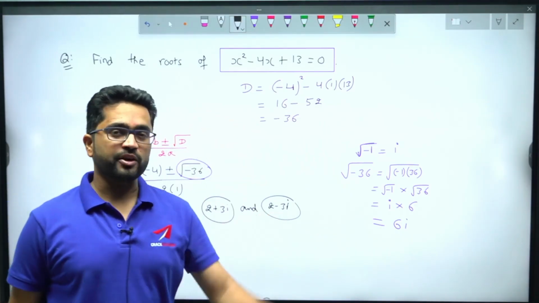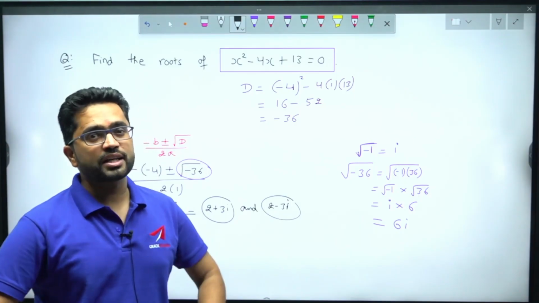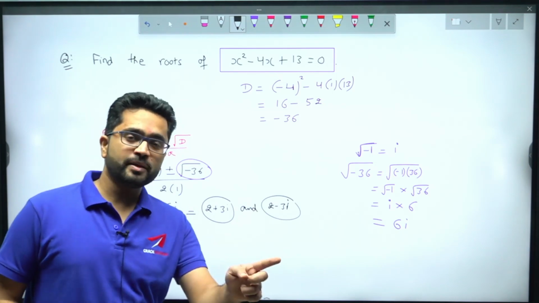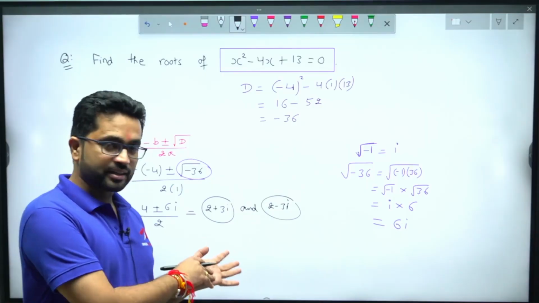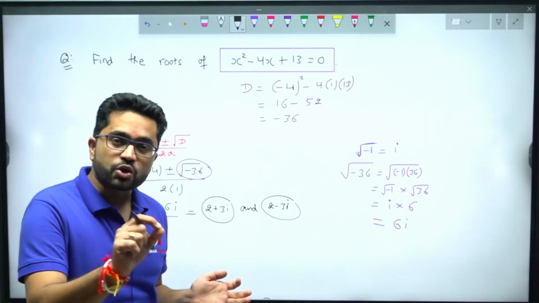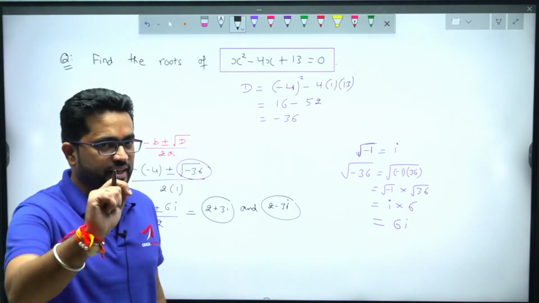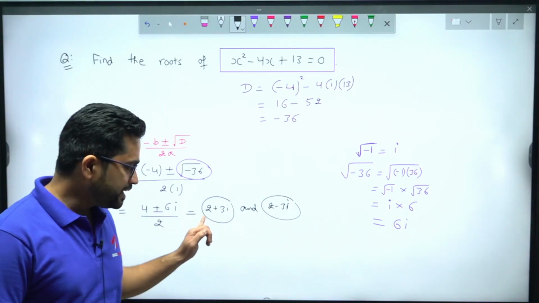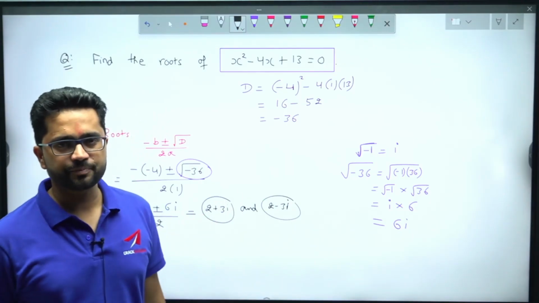Just like the previous point, if coefficients are rational and roots are irrational, then they appear as alpha plus root beta and alpha minus root beta. Similarly, if roots are non-real and coefficients are real, then roots exist as p plus iota q and p minus iota q. Here p is 2, q is 3. That's it, that is the use.